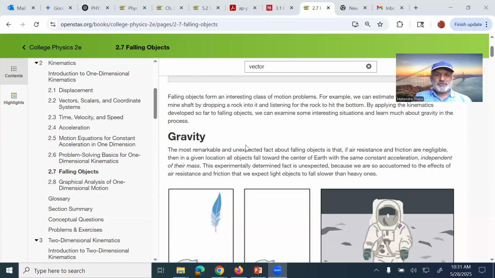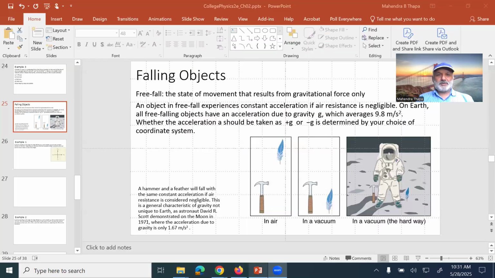Let's talk about free fall. In free fall, the motion is under the force due to Earth. So this term gravity refers to force due to Earth, right?